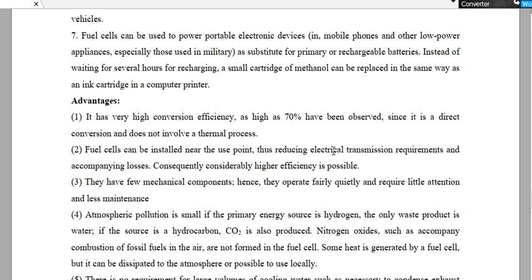They have few mechanical components, hence they operate fairly quietly and require little attention and less maintenance. So there are not many moving parts in the fuel cells, and therefore their maintenance is very low, and also they don't make much noise.